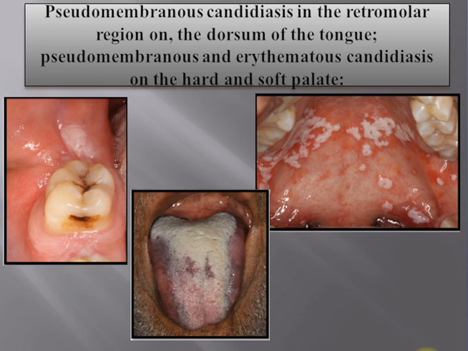Erythematous candidiasis appears as red lesions commonly located on the palate, dorsum of the tongue, and the buccal mucosa. And in this picture, we can see pseudomembranous candidiasis and erythematous candidiasis with hyperemic or reddened parts of the palate.